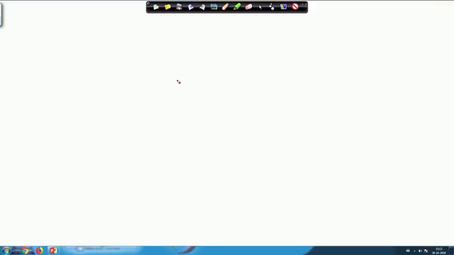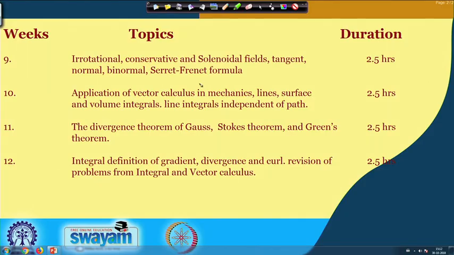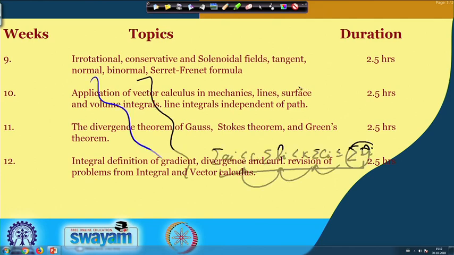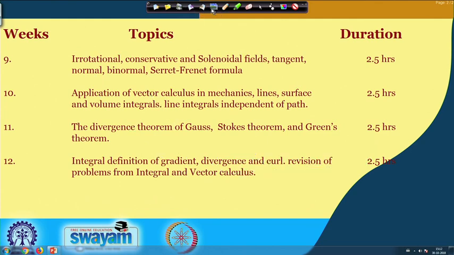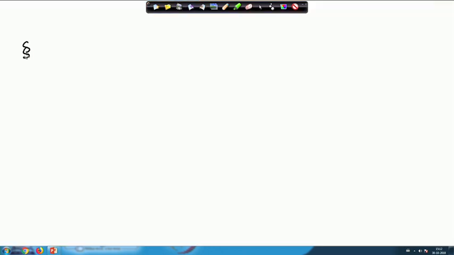So let's go back to the topic. We will start with the triple integral.